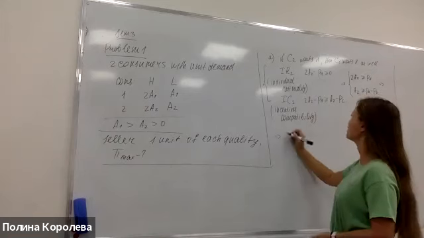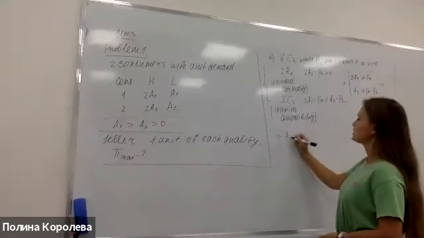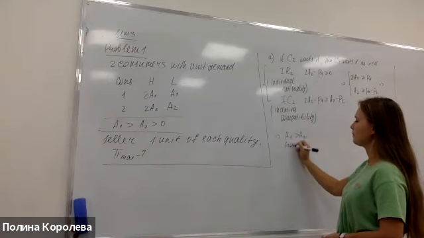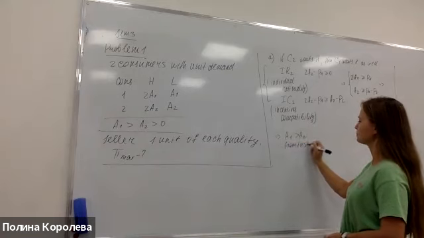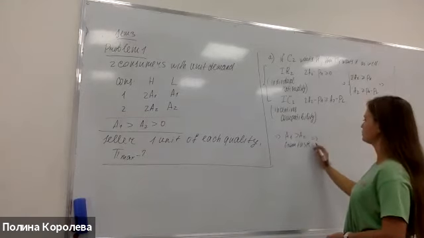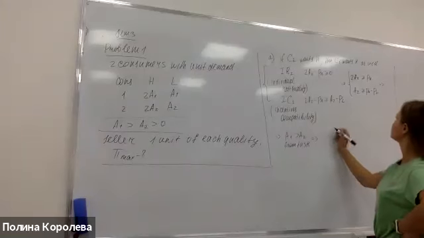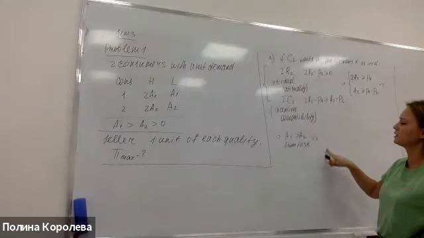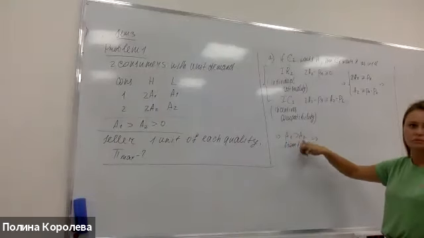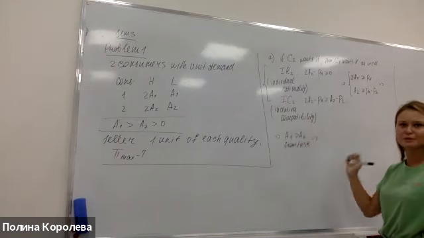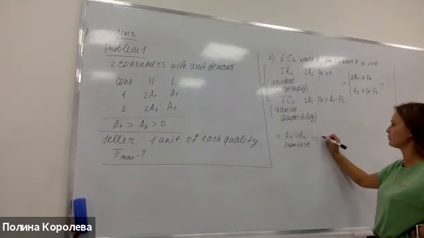You see? So what can we write down? We know that A1 is greater than A2. This is from the task. And if A1 is greater than A2, that means that 2A1 is greater than 2A2. Simple.